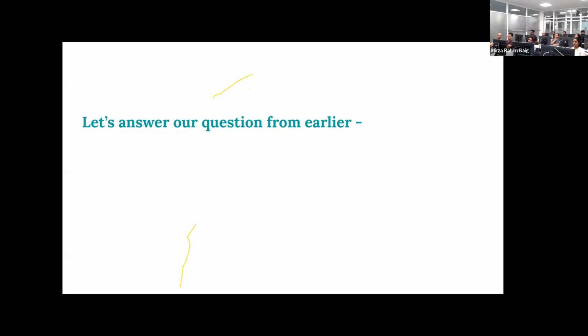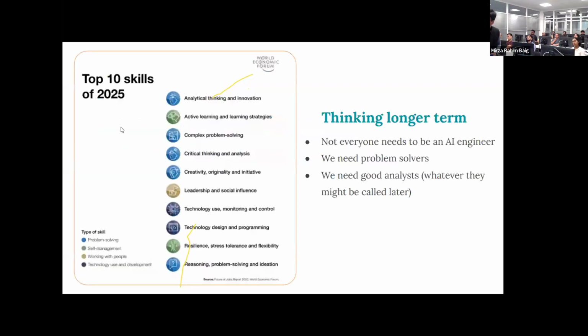In fact, I'll make an argument that they are more important than ever before. So why am I saying this? This is what is happening across the board. It doesn't matter which profession you're talking about. The lower value things, which let's say someone from college can do, are being automated.